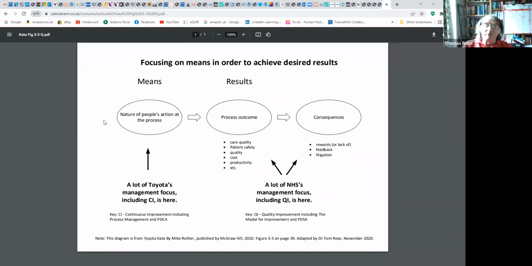This is the delivery process, what people do every day when they go to work. This is the process outcome: the quality of care, patient safety, quality, cost, productivity, etc. And this is the consequences of these outcomes. It could be rewards or lack of rewards, feedback, which is most important, and litigation.